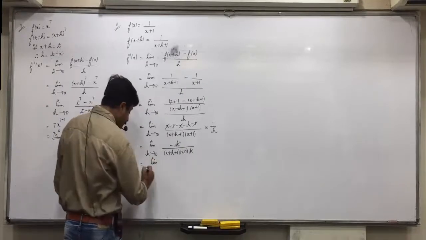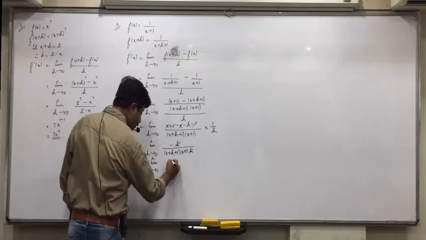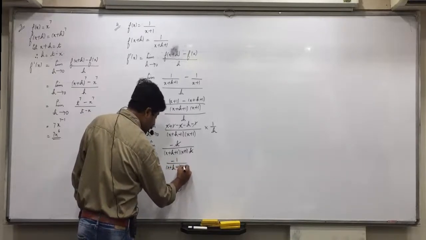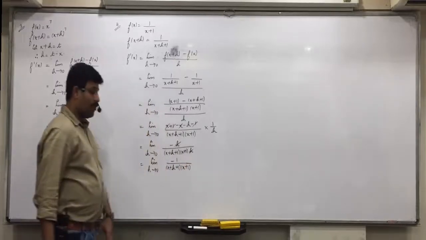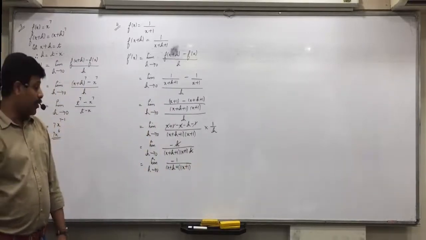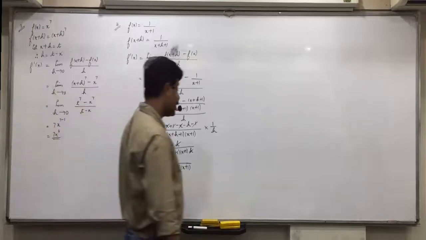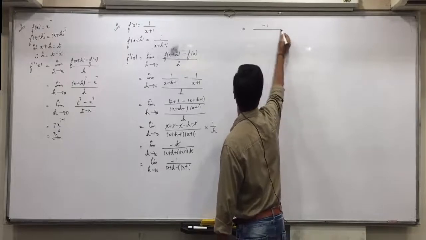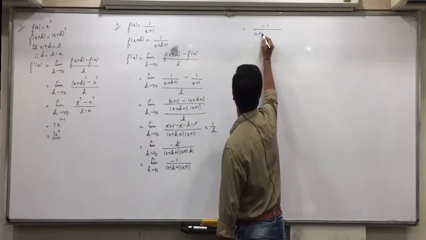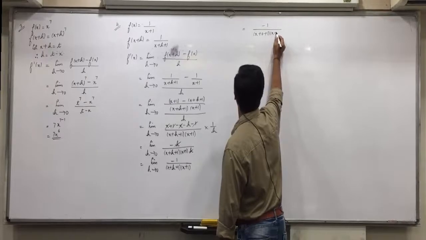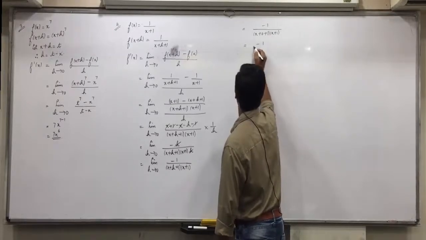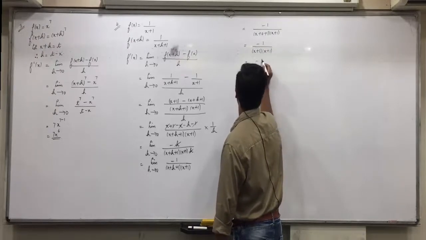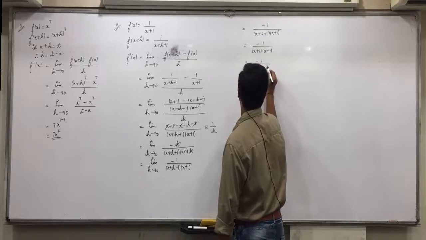So limit h tends to 0, minus 1 upon x plus h plus 1 into x plus 1. Now we'll put the value in h. Limit will not be written. So simply minus 1 upon x plus 0 plus 1 into x plus 1. That is minus 1 upon x plus 1 into x plus 1. That is minus 1 upon x plus 1 whole square.